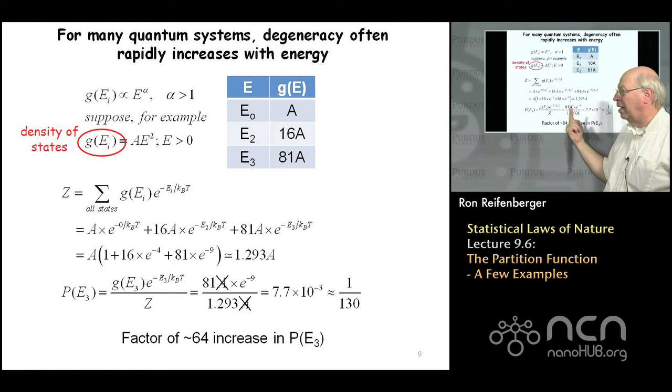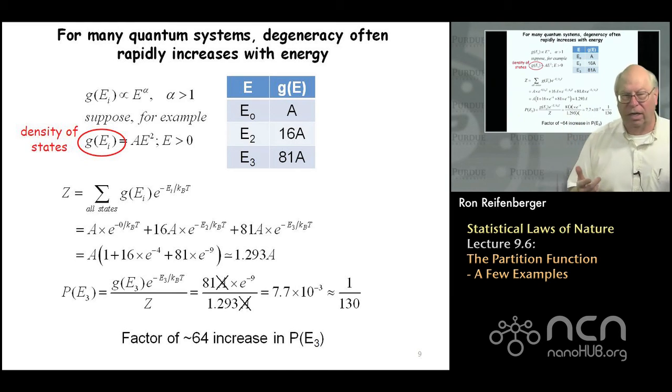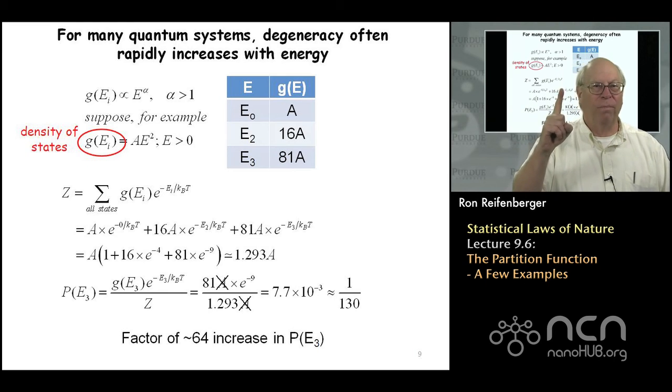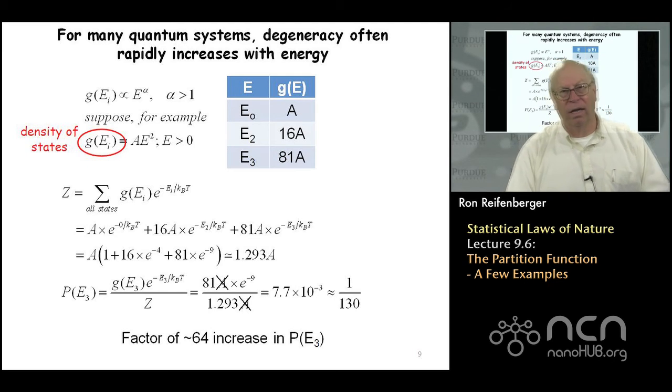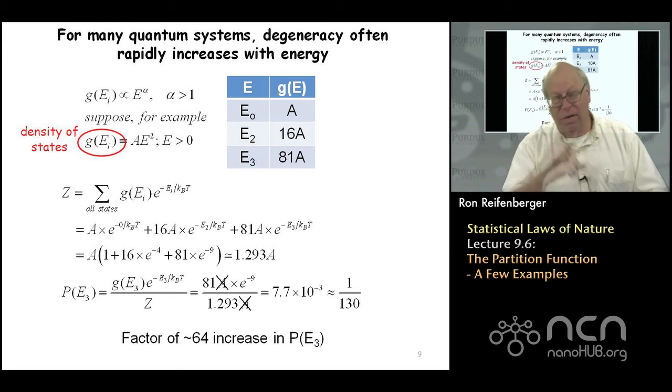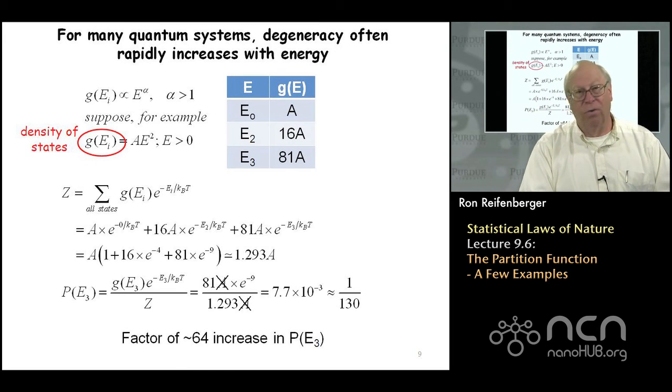Again, this factor A cancels out, and what I find out is that the probability that I find a particle in energy level E3 is now about 7.7 times 10 to the minus 3, which is about 1 in 130. So that means that instead of sampling the system 8,250 times to find one particle in energy level E3, now I could sample the system something like 130 times, and I would then find a particle in energy level E3.